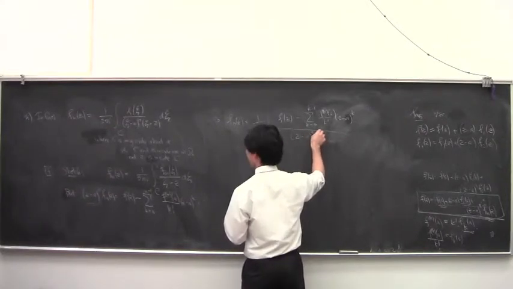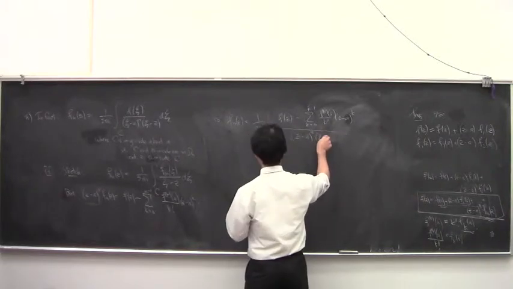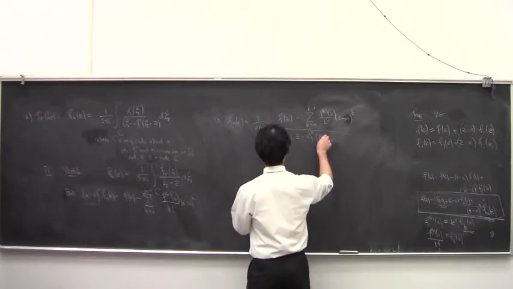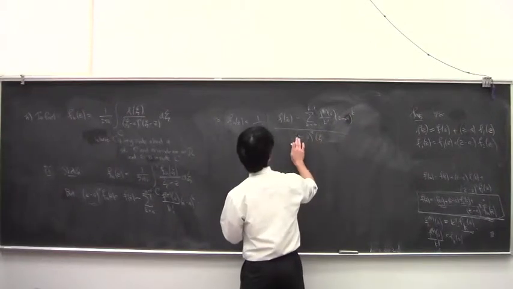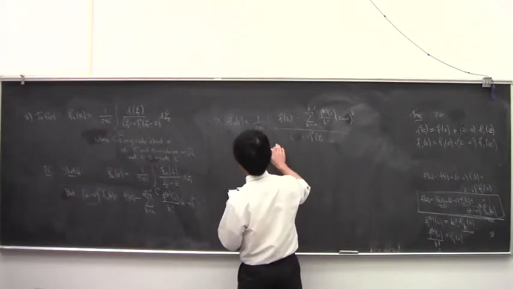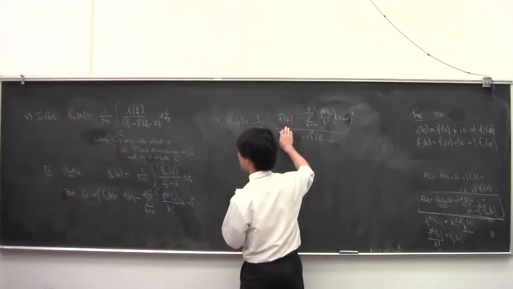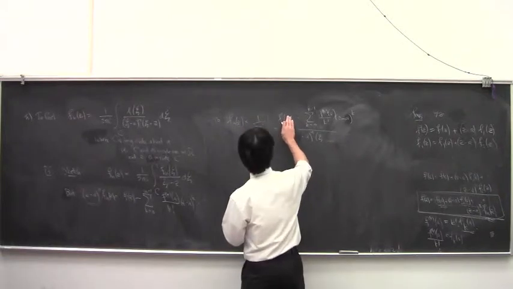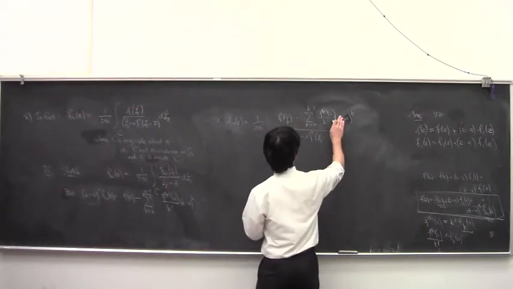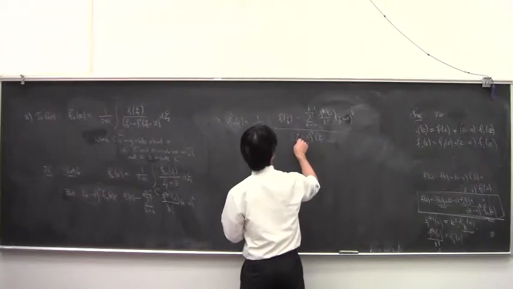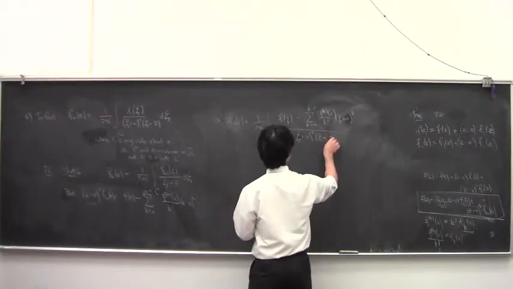And I also have a zeta minus... Nope. What am I doing? These should all be zetas, right? Zetas. I also have a zeta minus z.